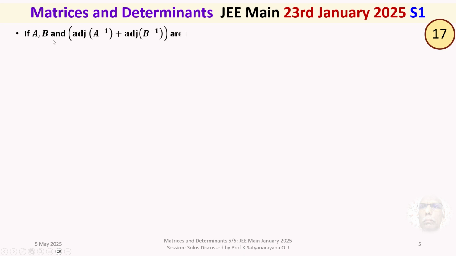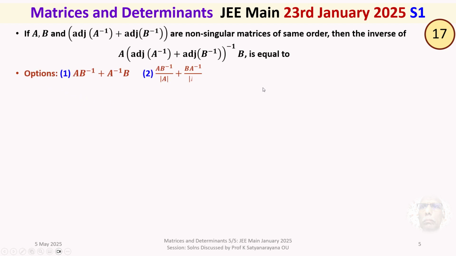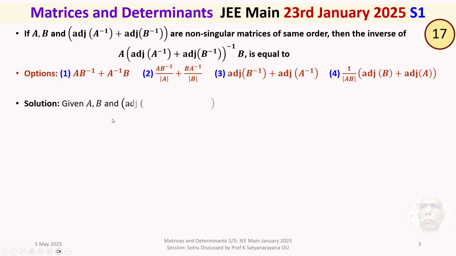If A, B and adjoint of A inverse plus adjoint of B inverse are non-singular matrices of the same order, then the inverse of A into the inverse of adjoint of A inverse plus adjoint of B inverse multiplied by B is equal to. We are given 4 options. So these are the 4 options given to us. Let's now discuss the solution of the problem in detail.